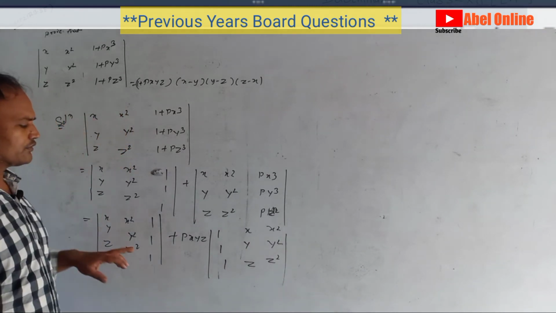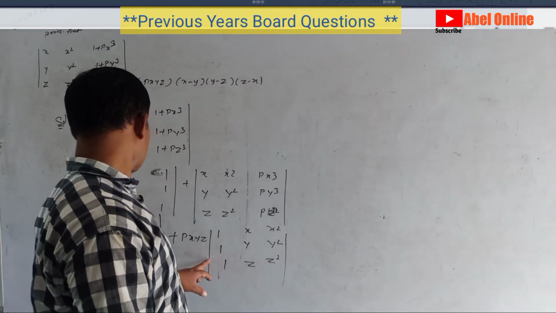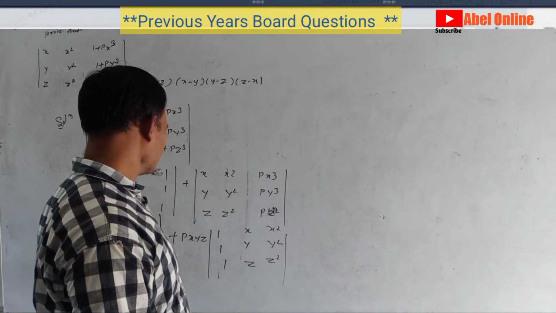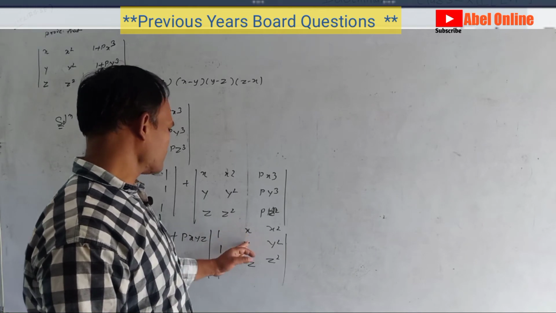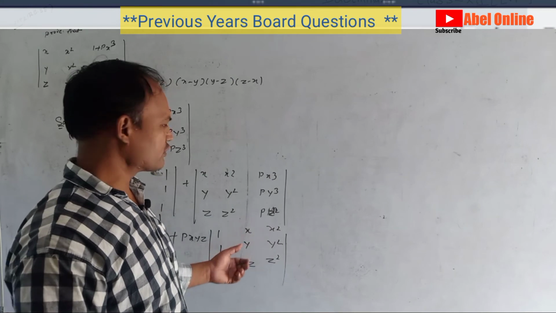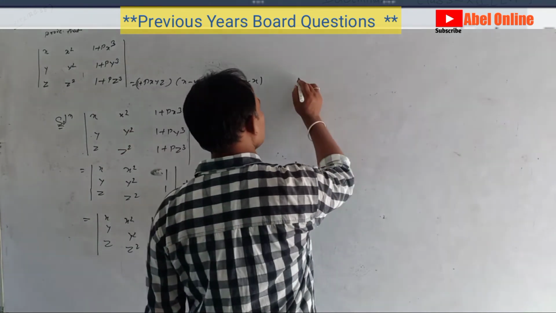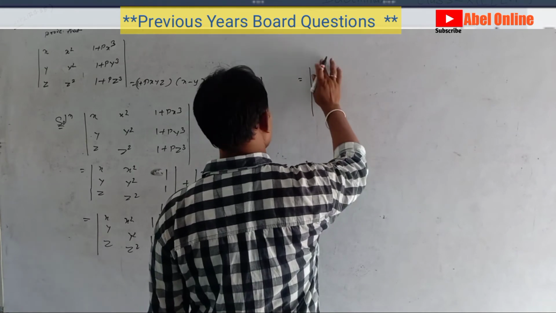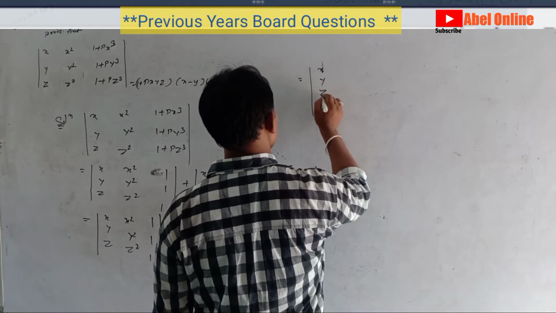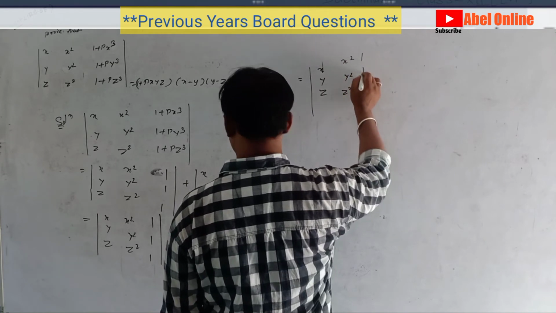Now when we interchange these rows, there is a minus sign, and again another interchange gives a minus sign, so we are just changing it. So it is x, y, z; x square, y square, z square; 1, 1, 1.